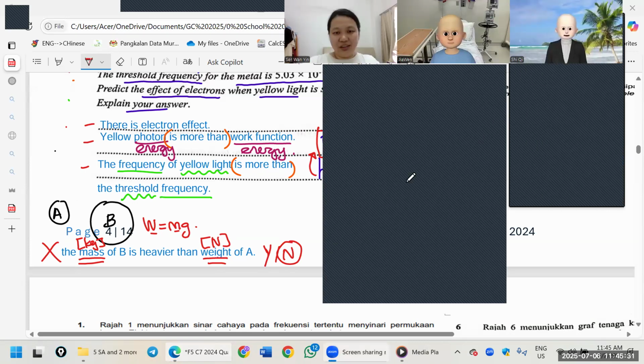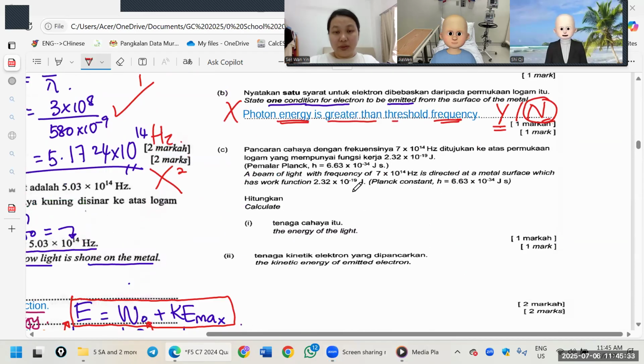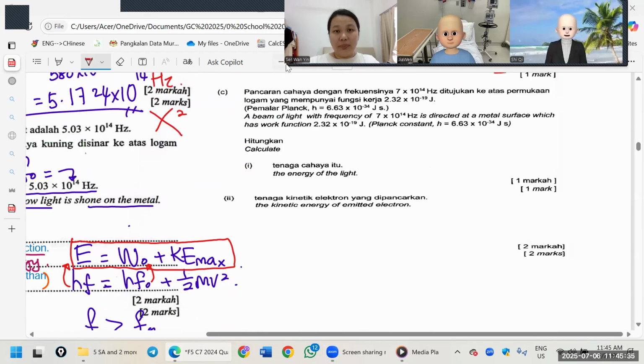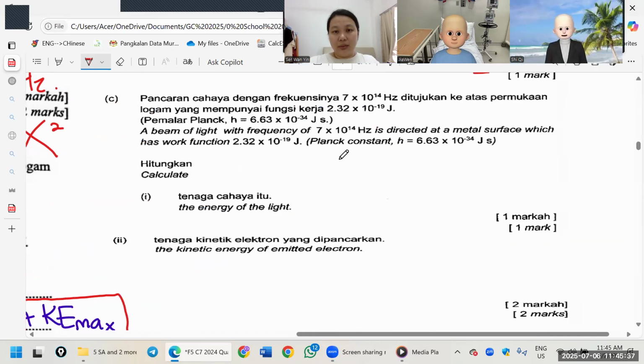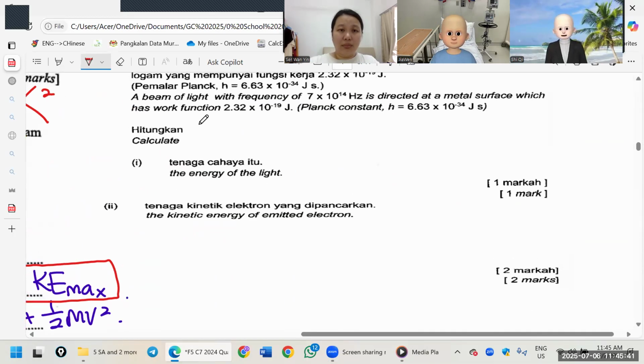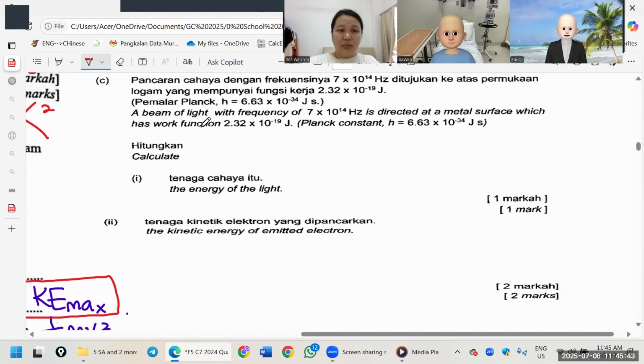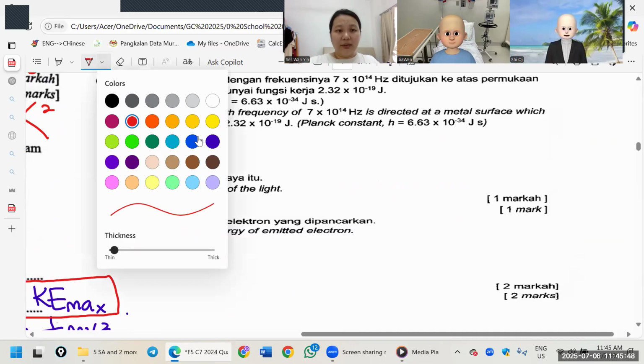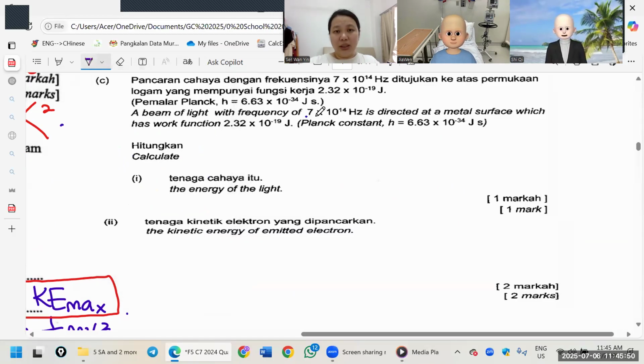Okay, very good, Shiqi. Right, now next. A beam of light. So it seems hard, but not hard. A beam of light with frequency. Now, if they give frequency, normally you use E equals hf.